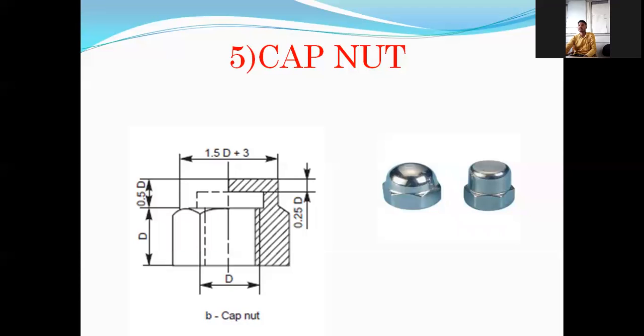You will not find this: to avoid the corrosion, to avoid the injury to the operator, the bolt end should not come out of the nut. That's why I'm telling you, listen to the lecture very carefully.